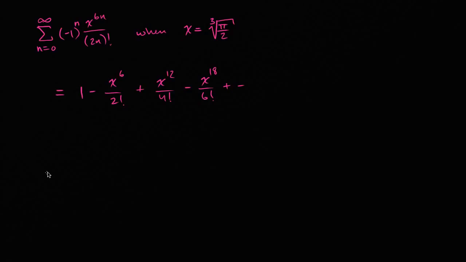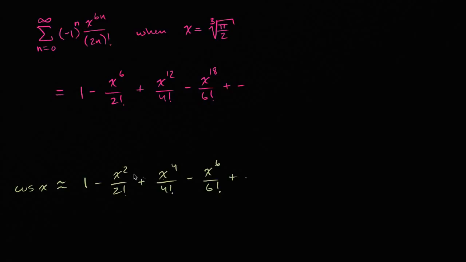And if this doesn't look familiar, the previous video where I do the Maclaurin series for cosine of x goes into detail on how I get this. The Maclaurin series for cosine of x is approximately equal to 1 minus x squared over 2 factorial plus x to the 4th over 4 factorial minus x to the 6th over 6 factorial.